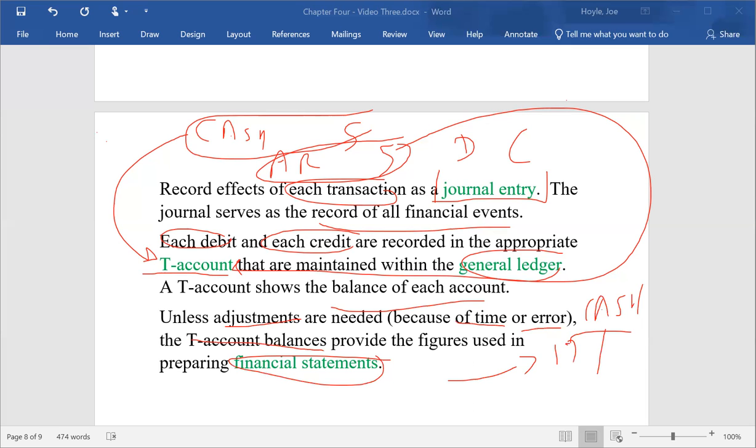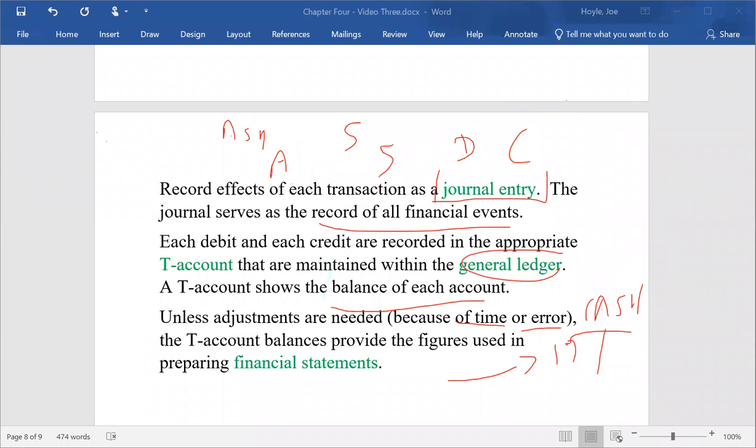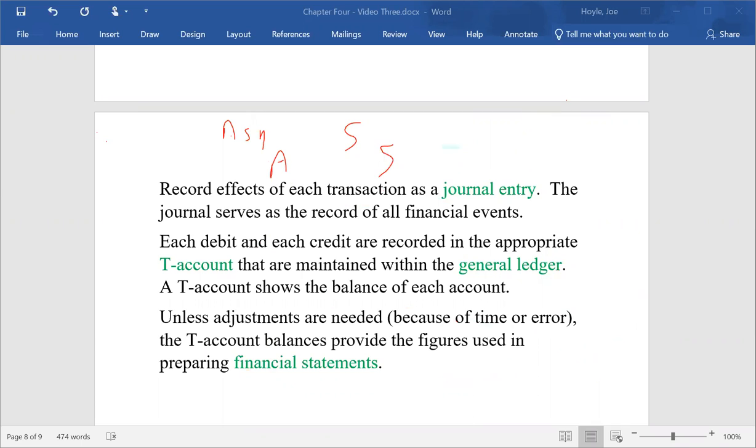That's the system that companies use to keep up with all of their thousands and maybe millions of transactions and account balances so that they can come up with presented fairly financial statements that decision makers like you can use to make wise business decisions.